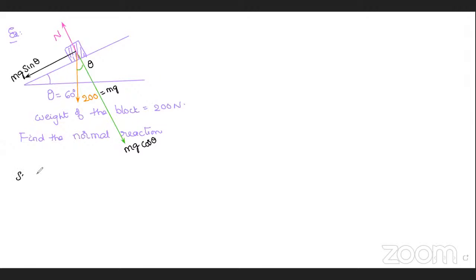That implies N is equal, in opposite direction, to mg cos theta. Mg is 200, theta is 60 degrees. That equals 200 into cos 60, which is half, that is equal to 100 newtons.